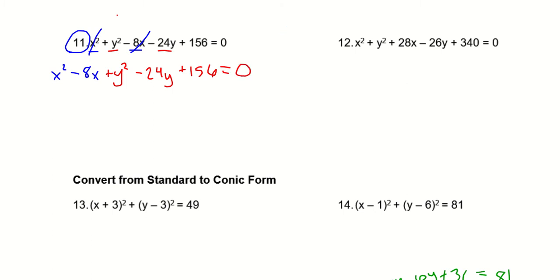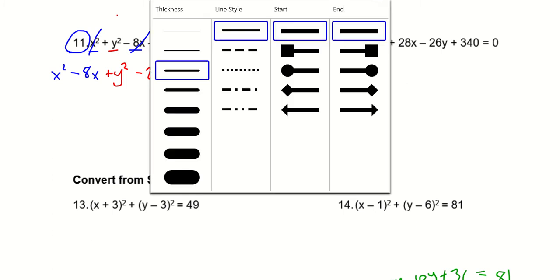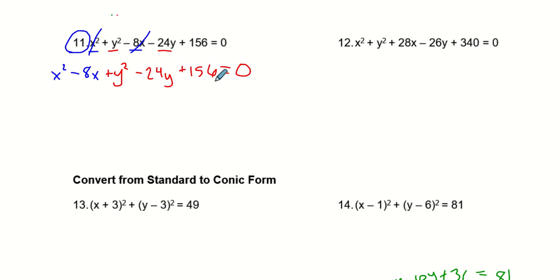Now we're going to move that big number. We're going to subtract this over here, because once we get the x's and y's together, we want to move this constant over. So we want to subtract 156. That's a big number, but it'll be all right. So that cancels.